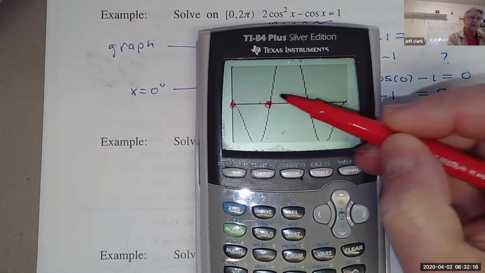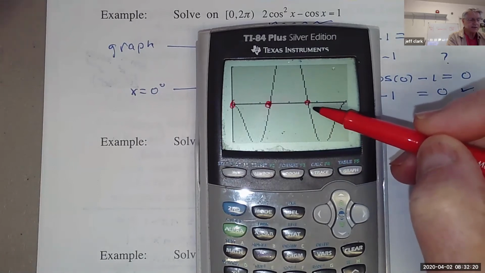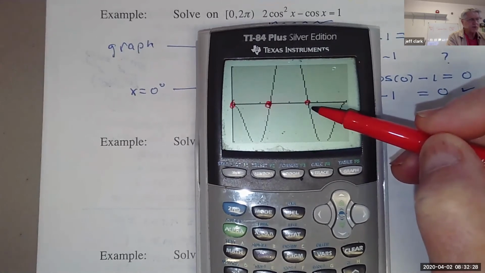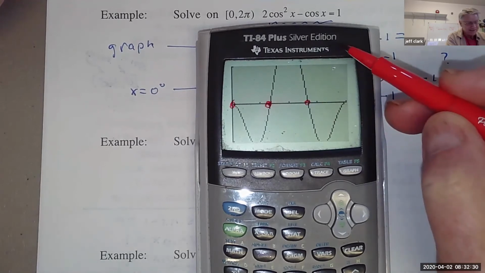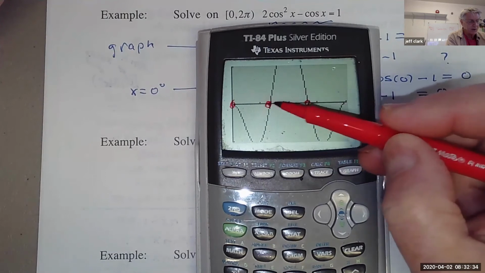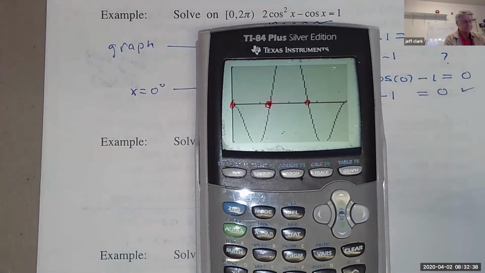So I have an answer in quadrant 2 and 3. It should make sense. Just know that that's how it's broken up, and there's going to be an answer in quadrant 2 and an answer in quadrant 3. Let's just go with that.